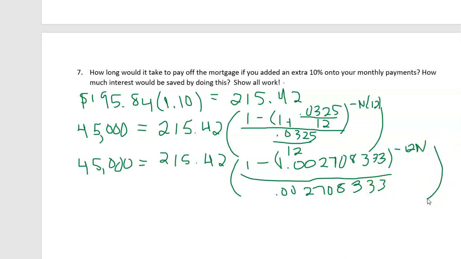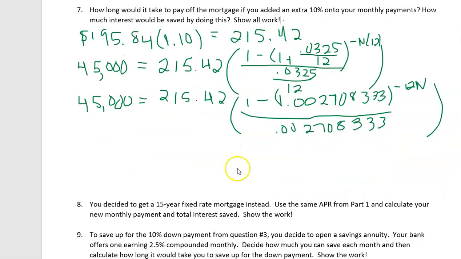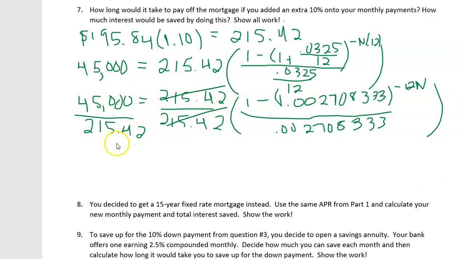Now at this point, this requires us to do a little more algebra than our previous questions. First thing we want to do is divide out this number that's in front of the parentheses and get rid of it. So I'm going to divide it over here, and of course I also have to divide it on the left side. Over here, it's going to cancel out. So let me put 45,000 divided by 215.42 into the calculator.